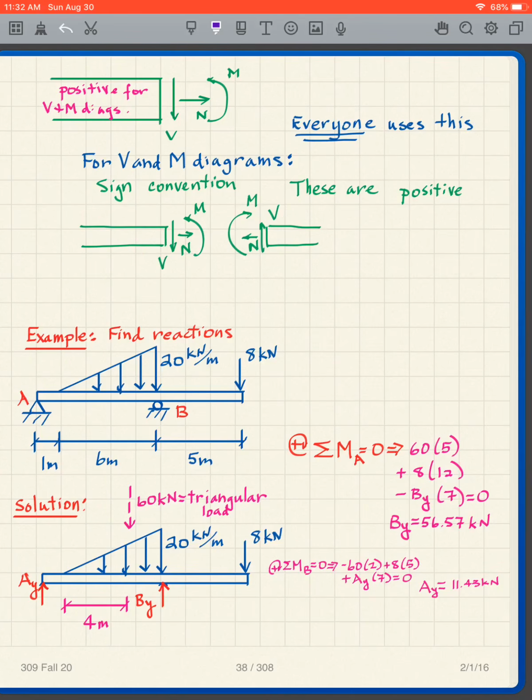So if I draw V going down there, I have to draw V going up there. If I draw N going to the right there, it's got to go to the left over there. If I have counterclockwise being positive there, I have to have clockwise being positive here. So that is our sign convention, and these are positive, and we will stick with that.